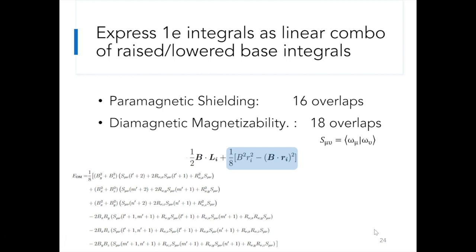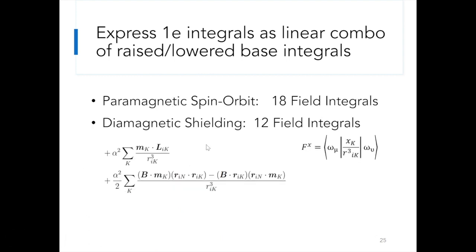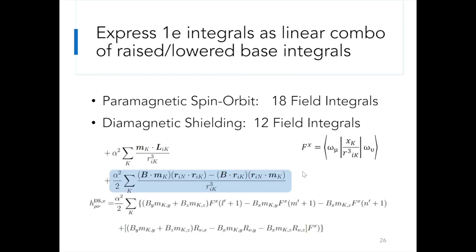For the other two terms with the 1/r³ dependence, we use the base integral as a field integral, which looks like that. It's x over r cubed. So for the x component, this 1/3 of your matrix element, you get 4 terms. So in total, you get 12 terms for the diamagnetic shielding matrix element.